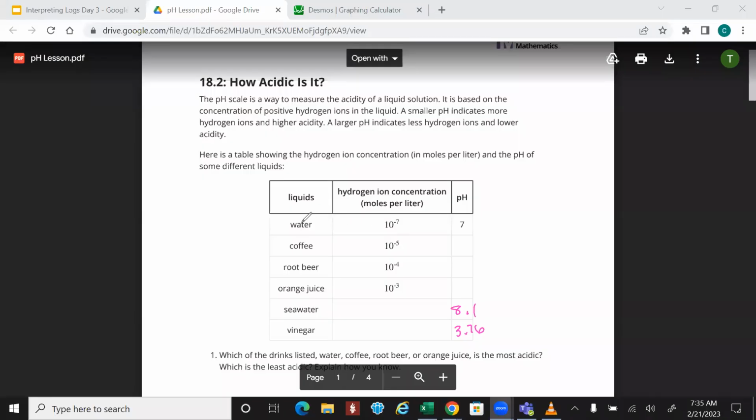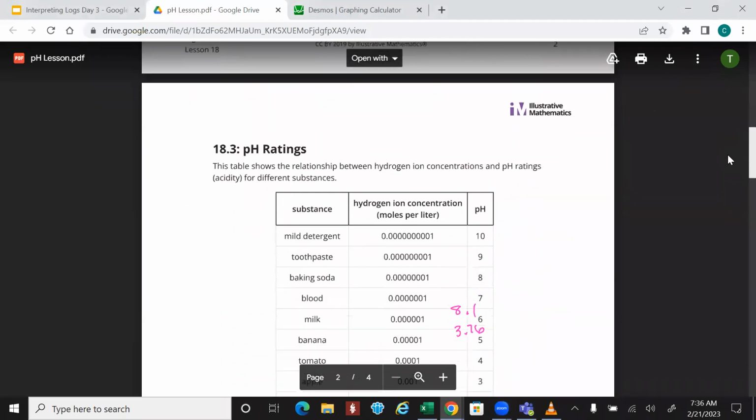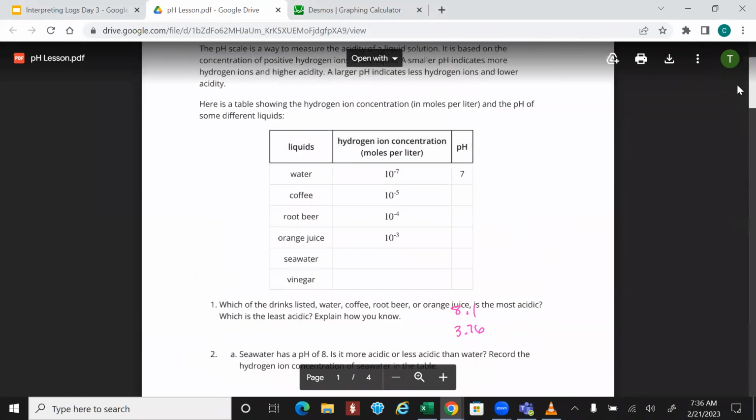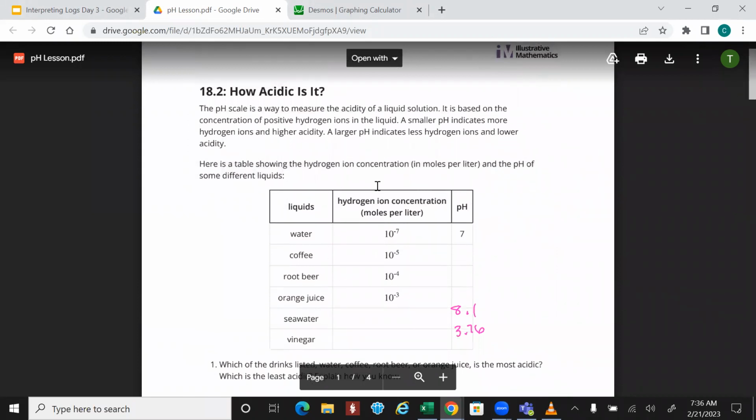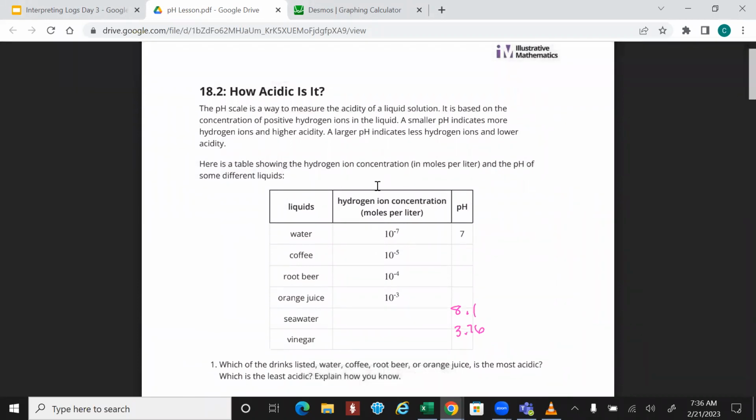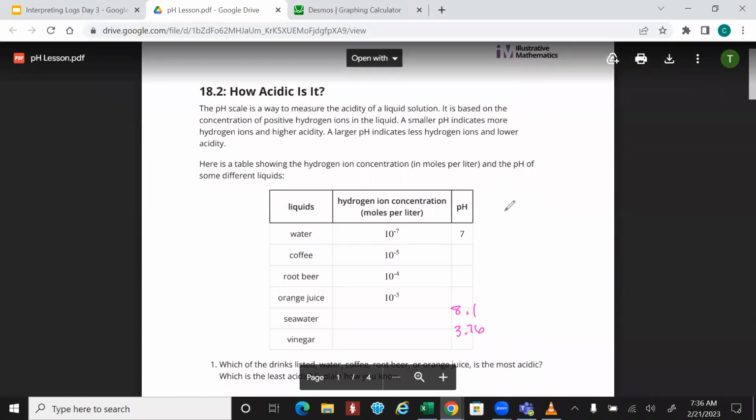All right, so we've got water at a pH level of 7. We've got coffee at a pH of, and how do we find this? Is there a formula that we can use to help us solve for this? The formula for finding pH is pH equals the log of the hydrogen concentration.